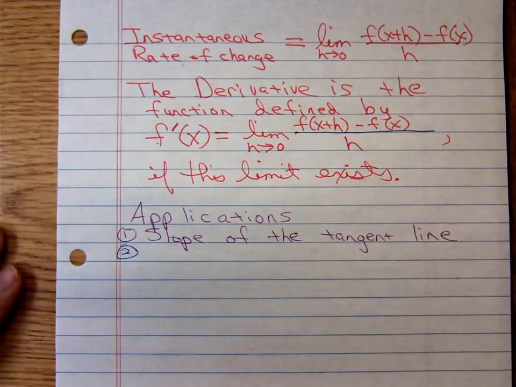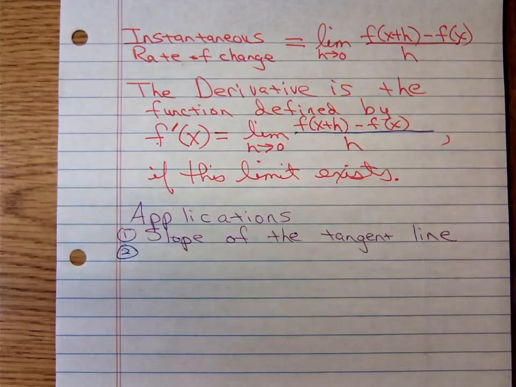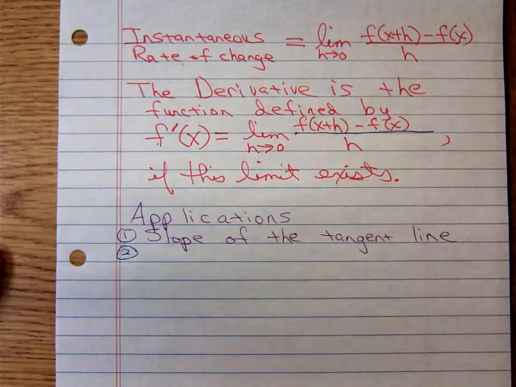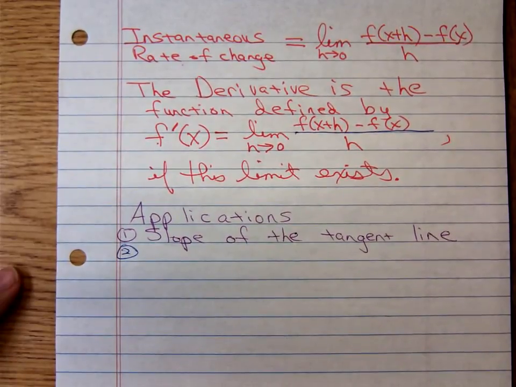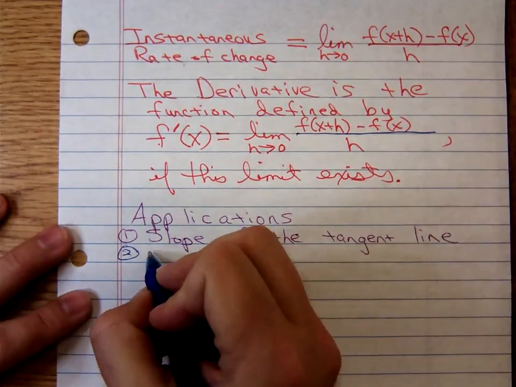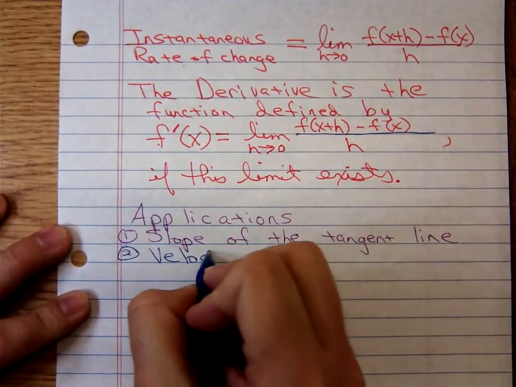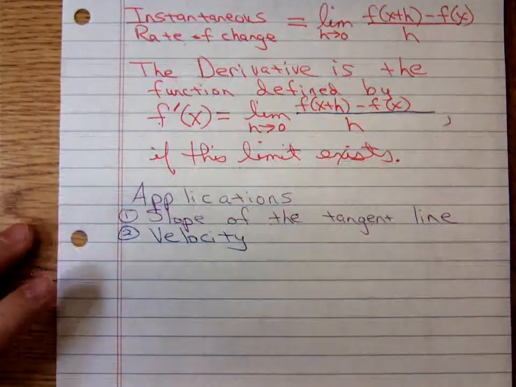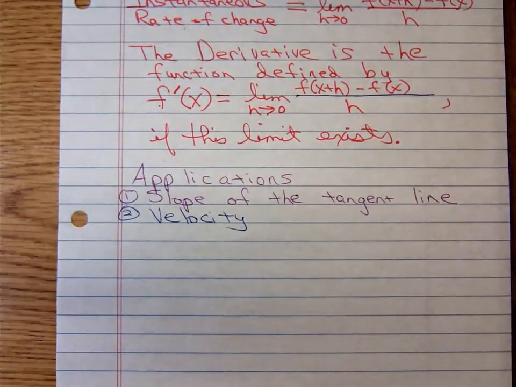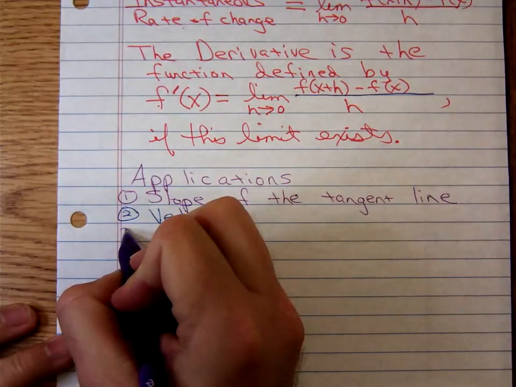One thing that I think of is velocity. If you look up the word velocity in the dictionary, it's going to say the rate of change of the position of some object. And rate of change, that's the derivative. So velocity would be an example of an application where we would use the derivative.